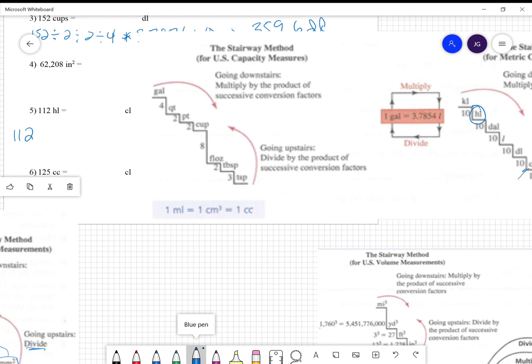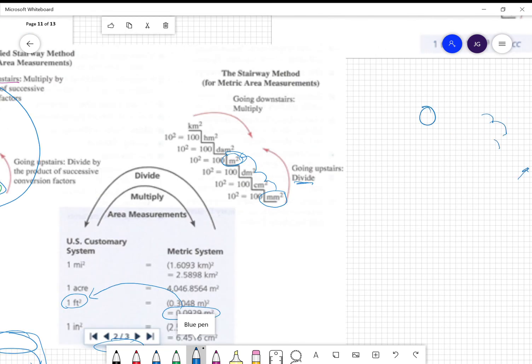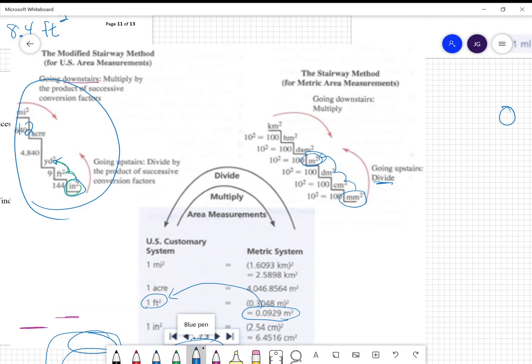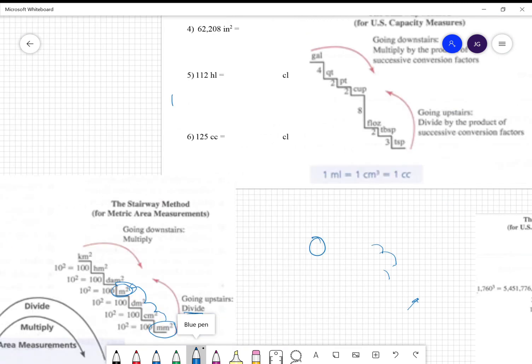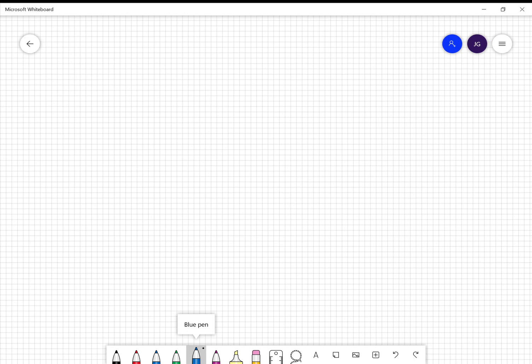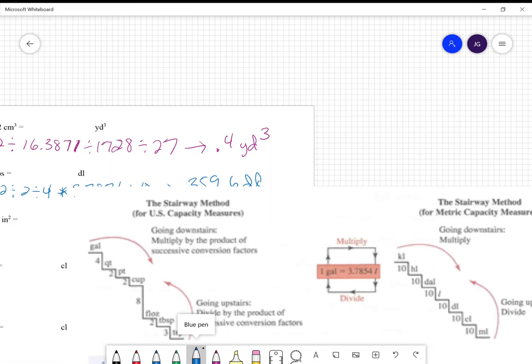Well, centiliter is right there, so I'm going to go down 1, 2, 3, 4 steps.